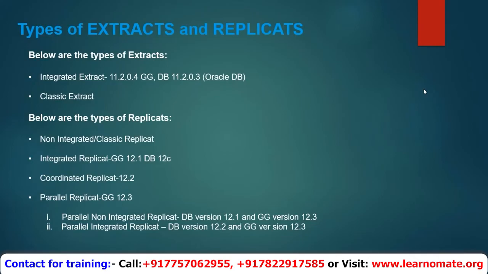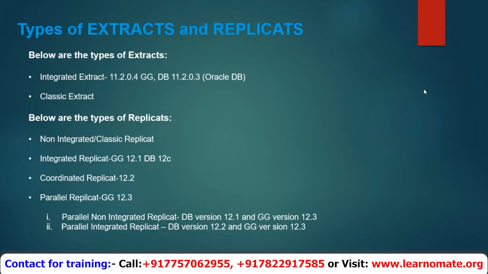We'll be discussing architecture, but just to give you a brief overview, the extract runs on the source database, and the replicate process runs on the target database. As the name suggests, the extract process is the extraction mechanism of the Oracle GoldenGate environment, and the replicate process is the apply mechanism. So what are the different types of extracts available?